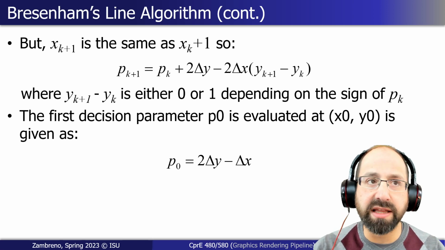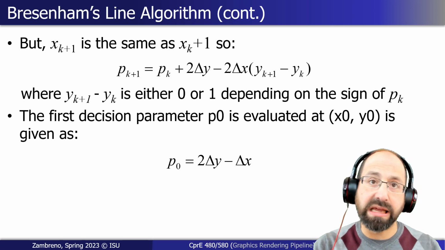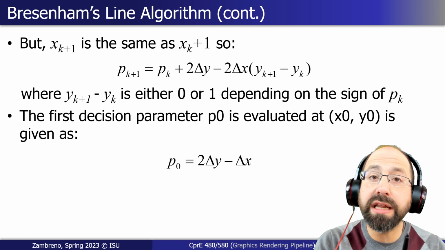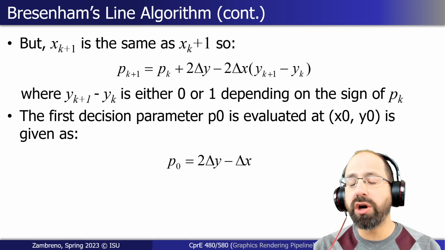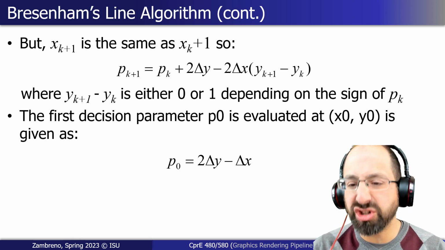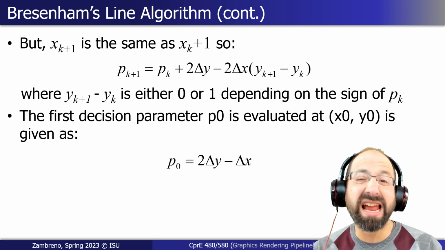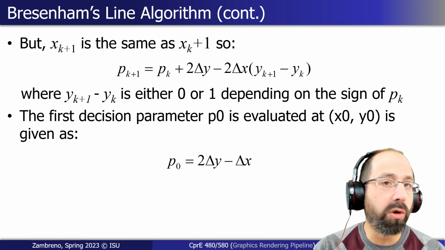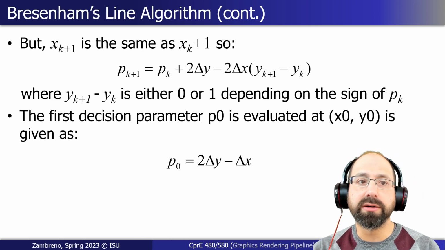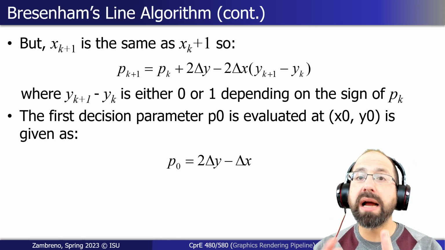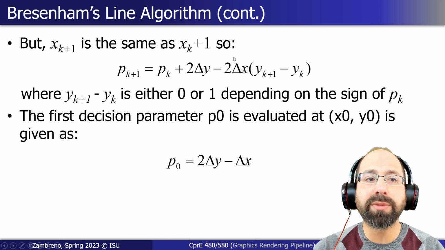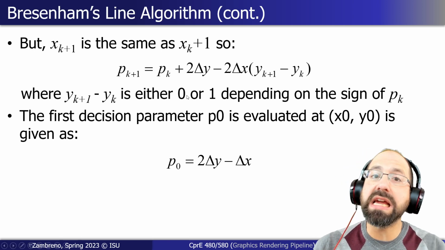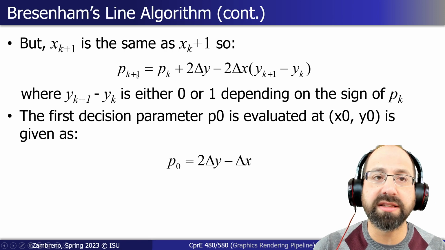So as I just mentioned, x of k plus 1 is the same as x of k plus 1 because we've gone over by 1 each time, we can calculate given our initial decision function here. Again, ultimately, really the sign of it is what we care about, but given our initial p sub 0, we can calculate p sub 1 by adding that additional term here, 2 delta y, potentially minus 2 delta x, because this y sub k plus 1 minus y sub k is either going to be 0 or 1, depending on what the sign is.